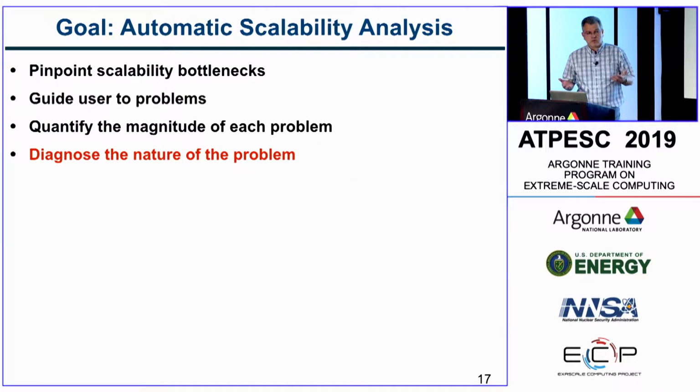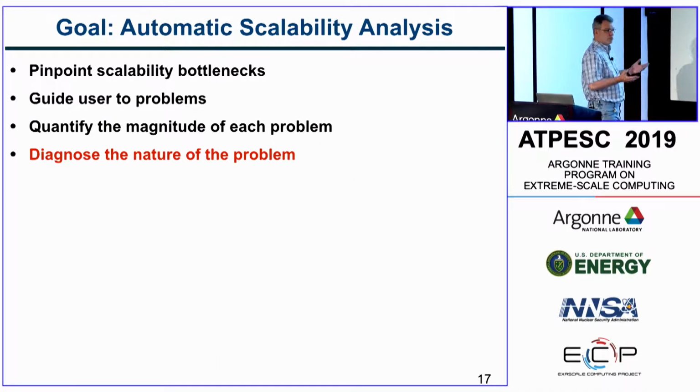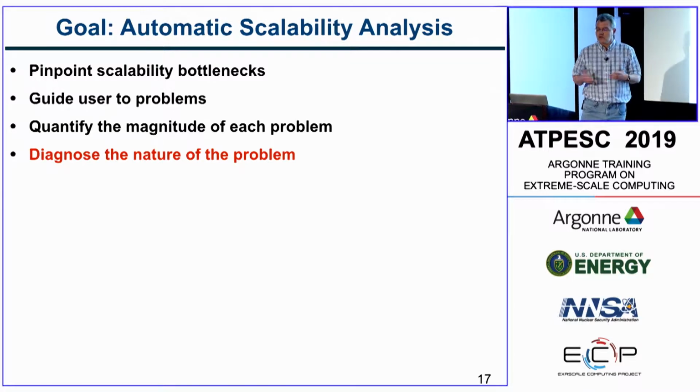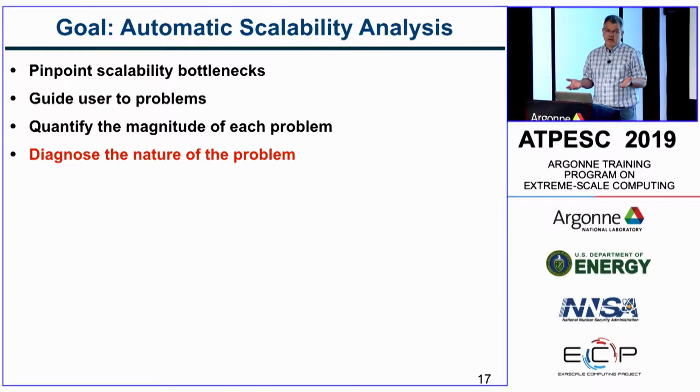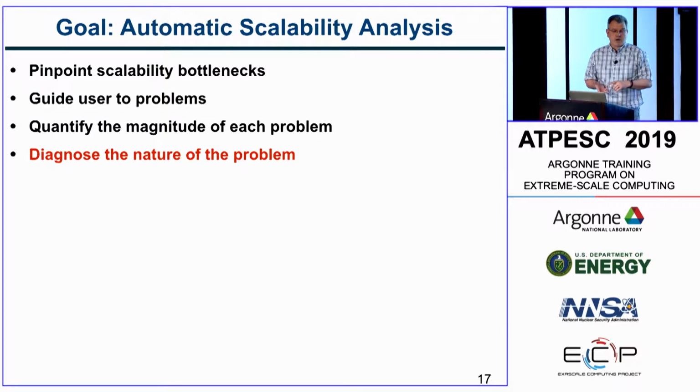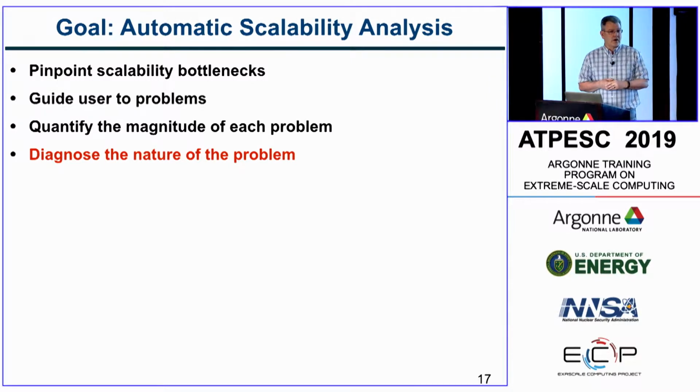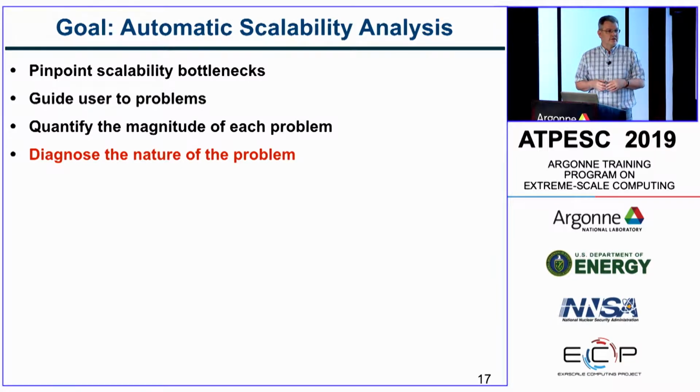So we have a strategy for doing this largely automatically. So we want to be able to pinpoint scalability bottlenecks, guide you to the problems, quantify the magnitude of each problem, and then ideally we'd like to diagnose the nature of the problem. Well, it turns out that the last thing, diagnosing the nature of the problem, is often more art than anything else.